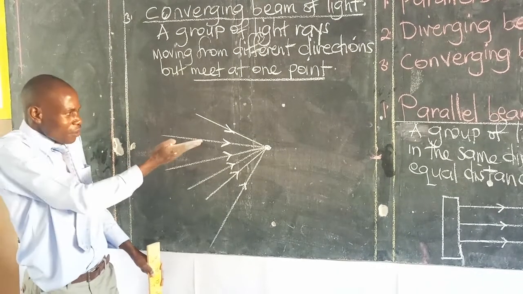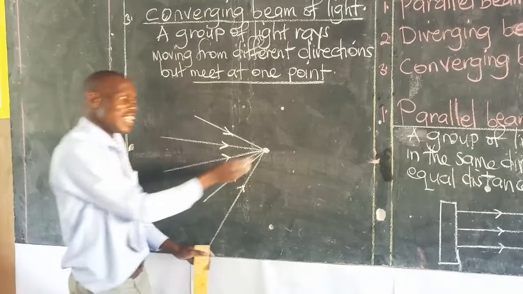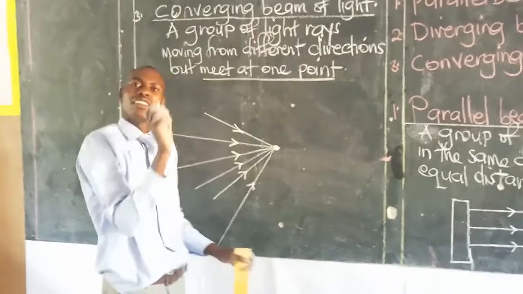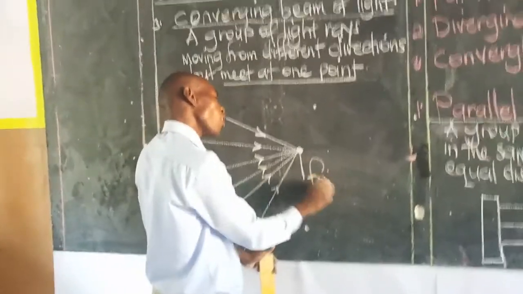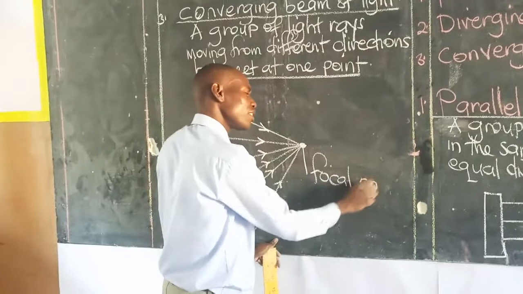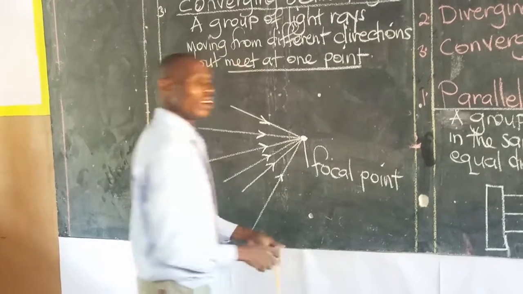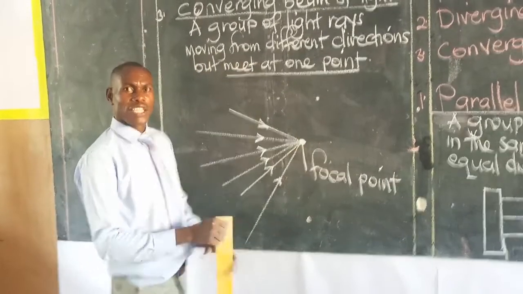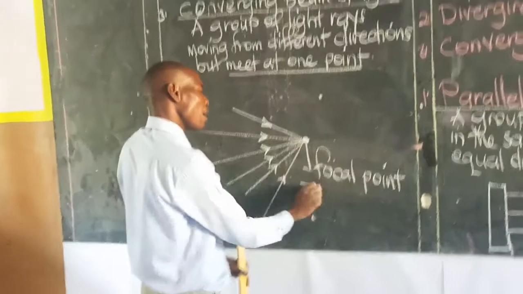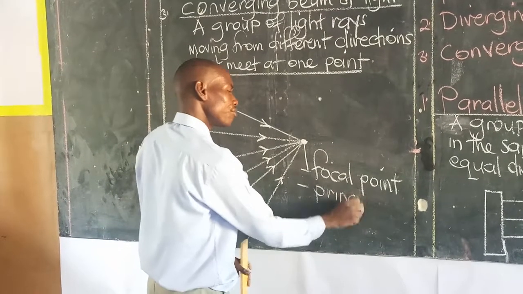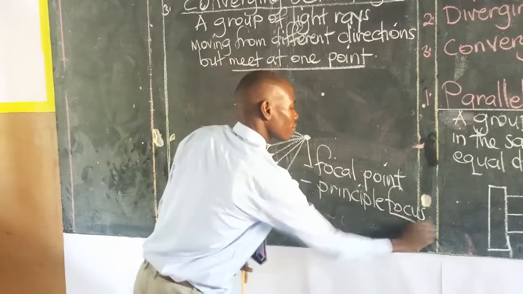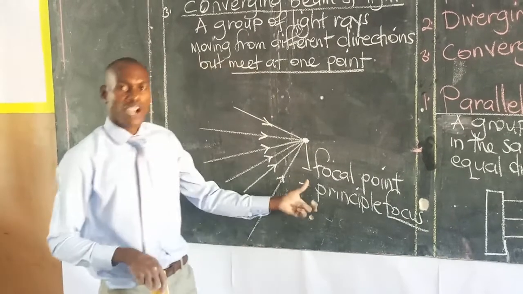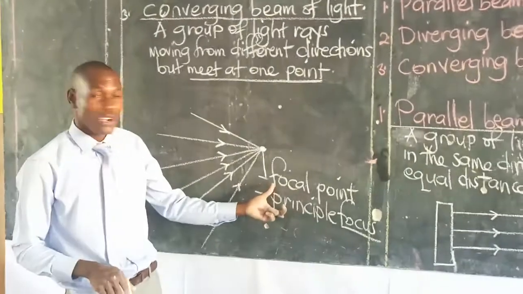But as they come from different directions, they meet at one point. And that point is what we call the focal point. If not, we can call it the principal focus. Principal focus. Is that one clear, boys and girls?